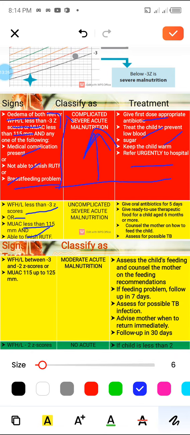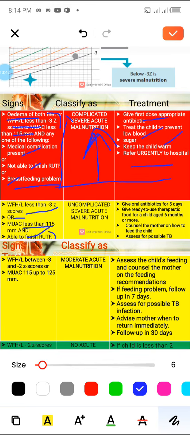So this child is able to finish RUTF, but is having weight for height less than -3, MUAC less than 115 millimeters, but then they're able to finish RUTF. That's the difference with complicated and uncomplicated.